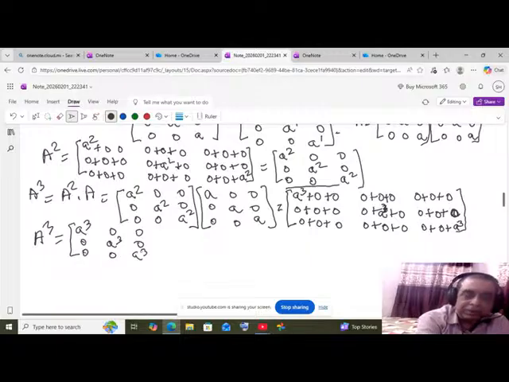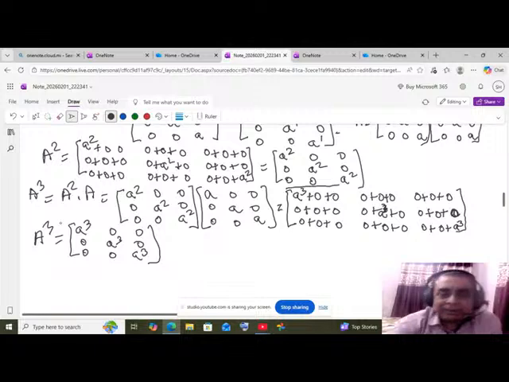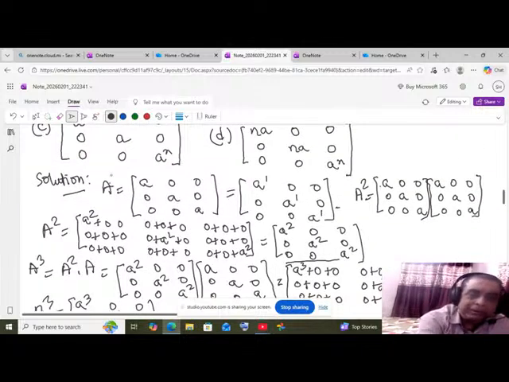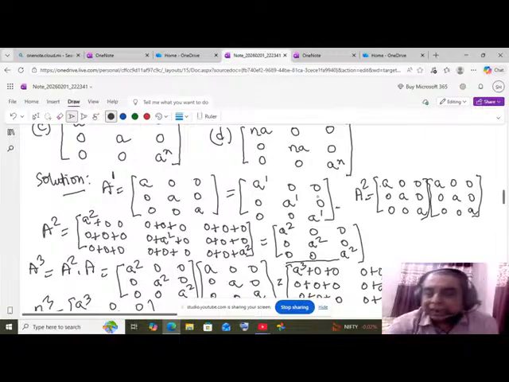So what are we noticing? When it is A to the power of 1, the powers of A in the matrix are all 1 along the diagonal, and all other elements are 0.